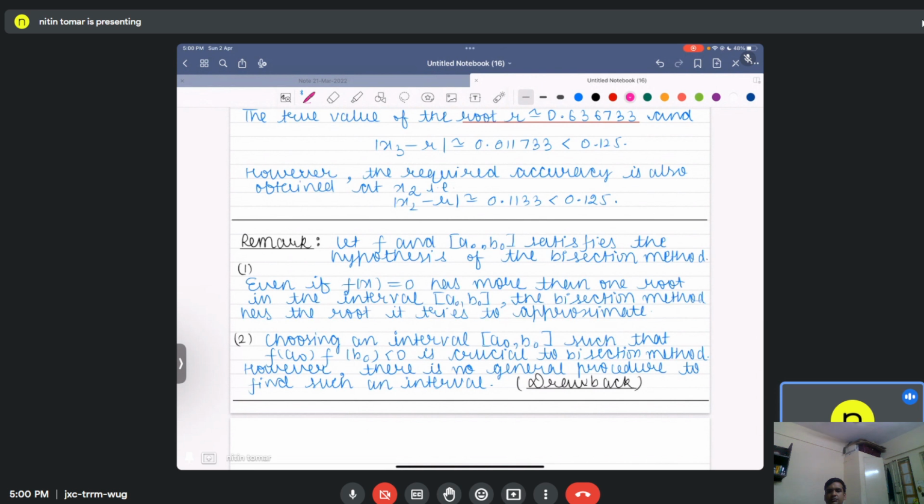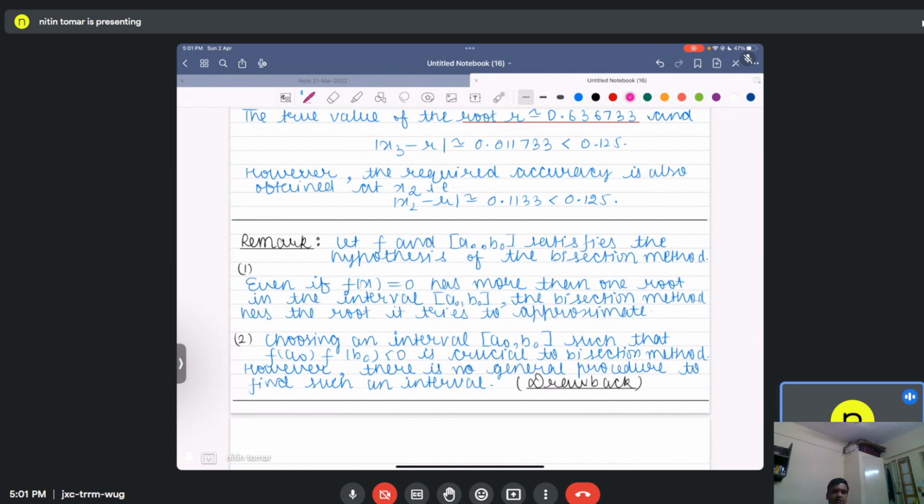And secondly, one of the drawbacks is that finding such an interval where f takes a negative and a positive value at the endpoints might be difficult. This is the part where you have to do the hit and try method. But that is such a crucial step in the bisection method. So that is one possible drawback of the bisection method.